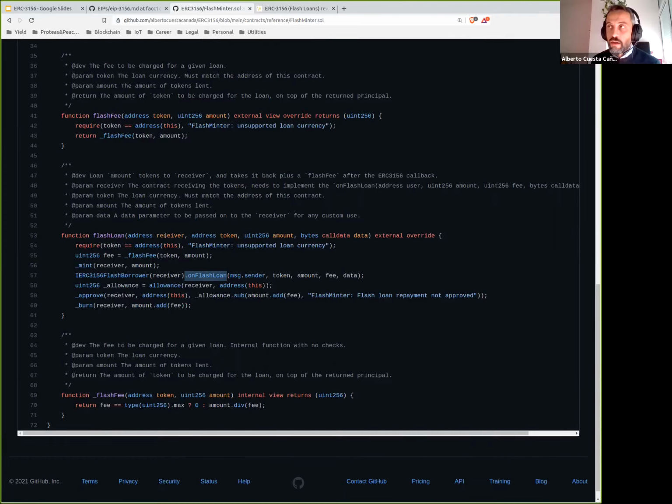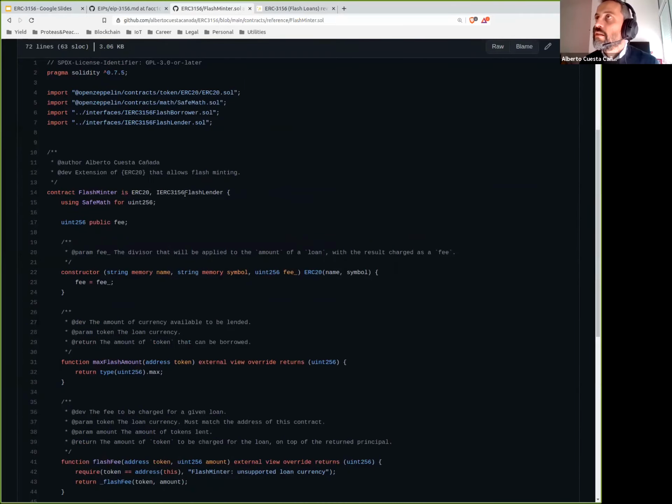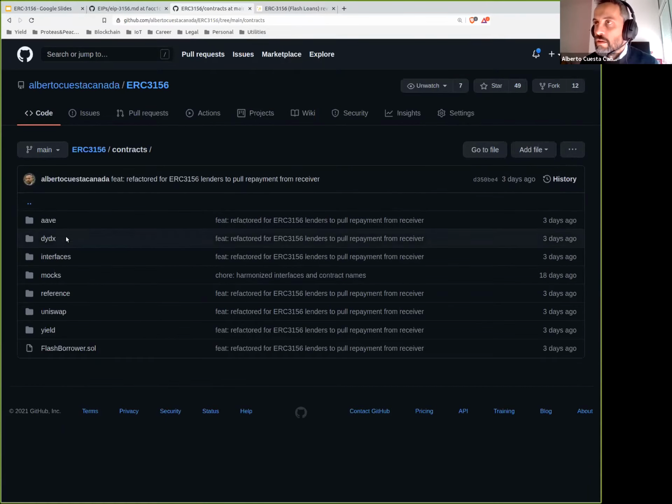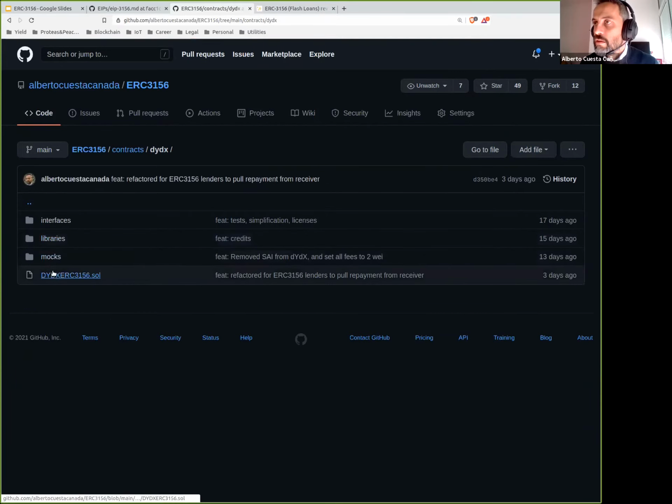The receiver is probably the same lending platform or whatever. So probably let me show you an example. So in that data, when I have other wrappers, for example, the dYdX one.